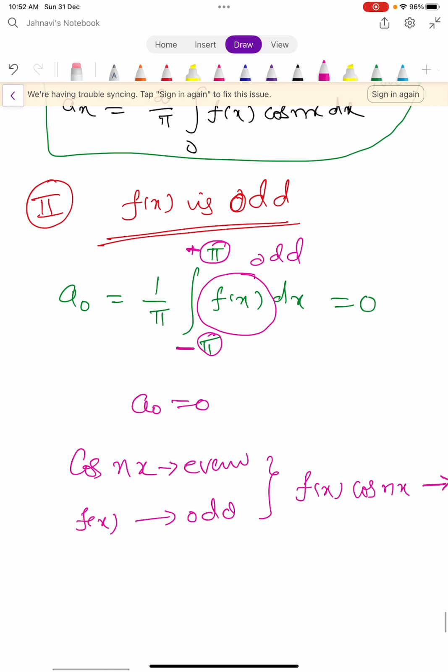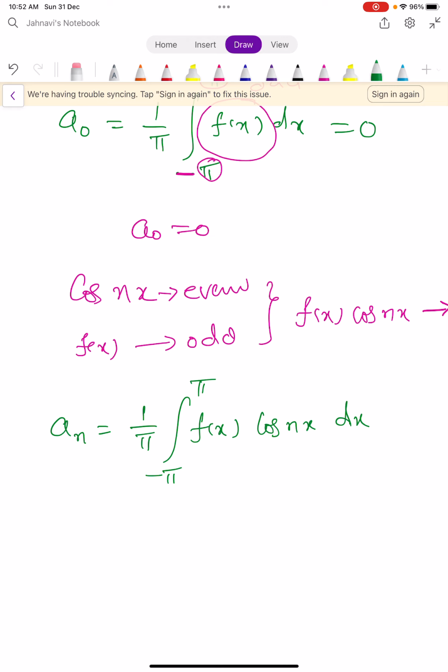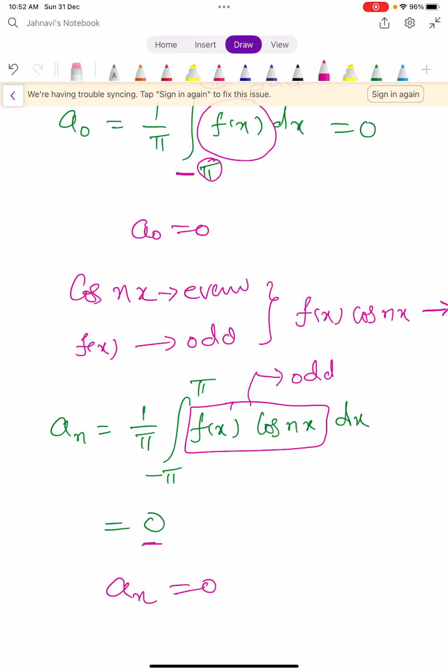So f of x cos nx is odd, then an, which is 1 by pi integral minus pi to pi f of x cos nx dx, is obviously 0 because the integrand is odd. It means an is also 0. a naught is 0, an is 0.